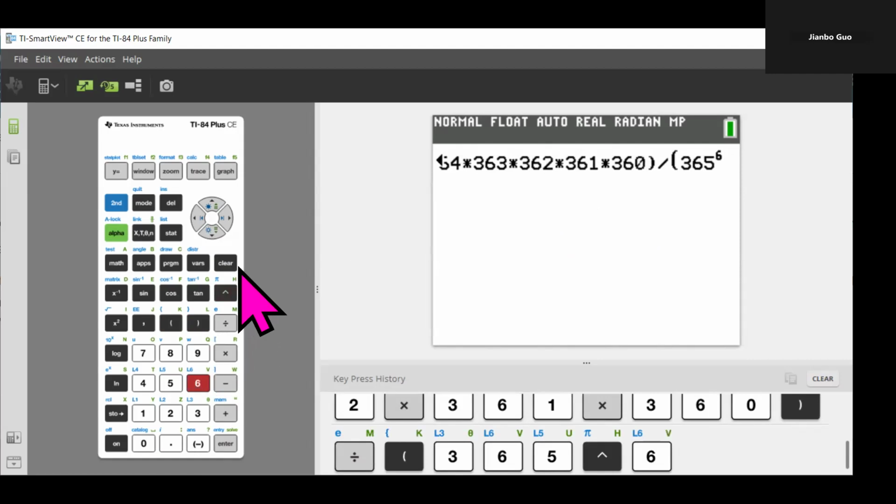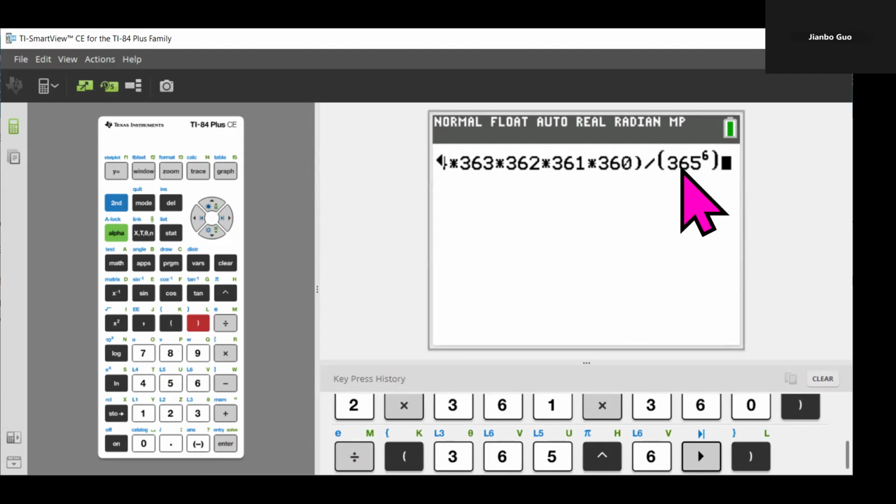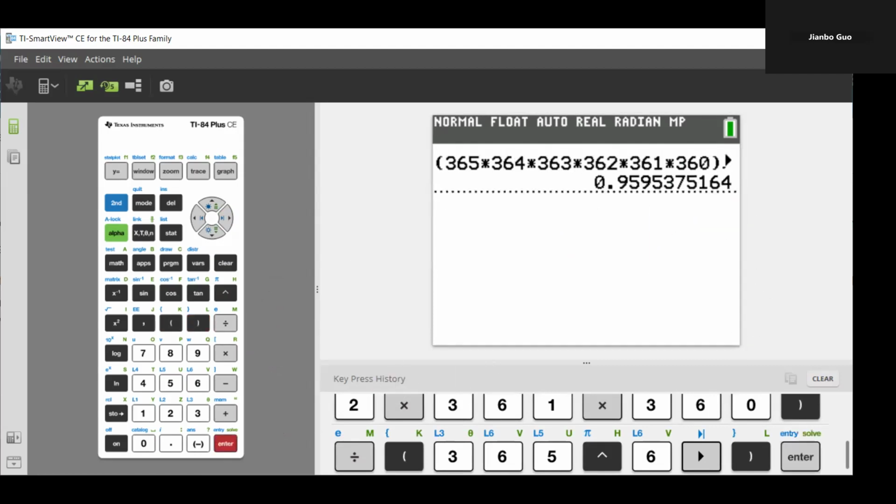The denominator is the total number of ways to arrange birthdays for the 6 people. And we need a decimal, right? So let's see how we round it. It says round to 3 decimal places as needed.